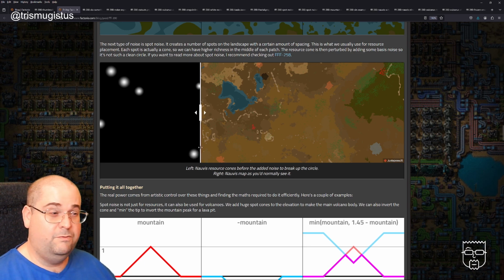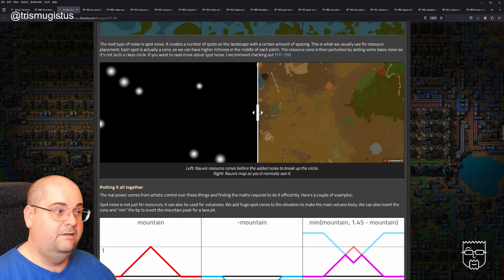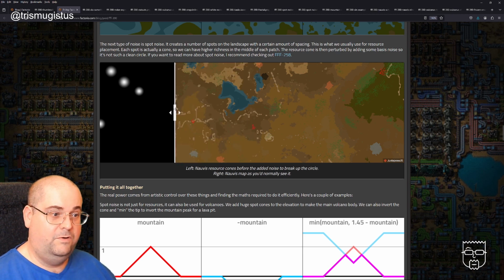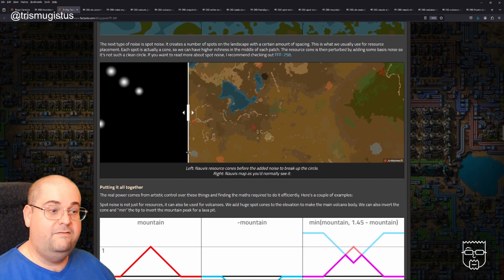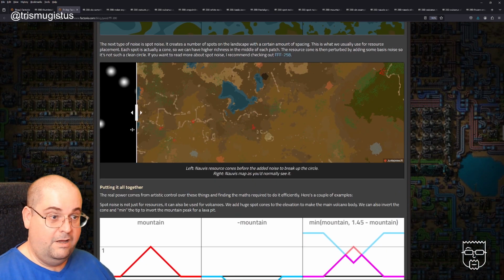But obviously you don't just want circular blobs on your map, so on top of that they apply this basis noise, the Perlin type noise, the same noise as up here, to give it a crinkly wobbly edge. And these all match up.